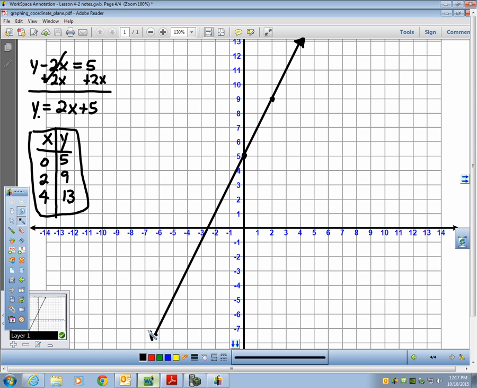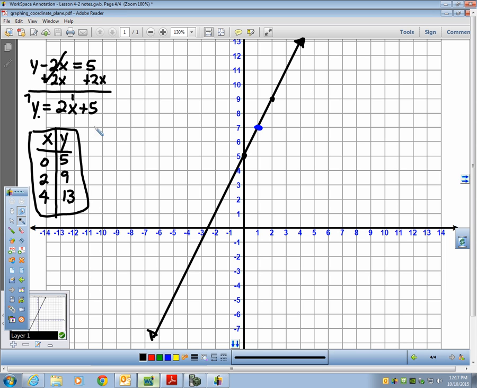So for example, you notice the point 1, 7 is on the line? Here's why. Because look, if I put a 1 in here, doesn't y work out to 7? Any point on this line would be a solution to that equation.